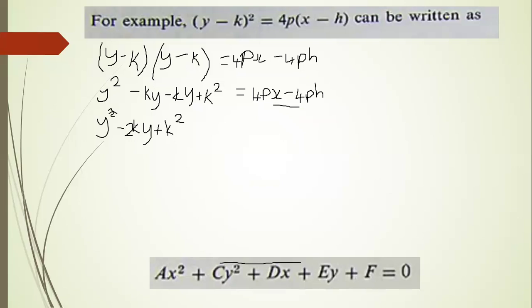So this positive 4px will now be minus 4px, and the minus 4ph becomes plus 4ph. And that is now equal to 0.